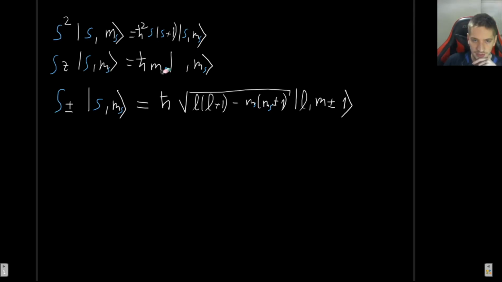So let me just change all of these to S. So the theory of spin angular momentum is basically the same as angular momentum.